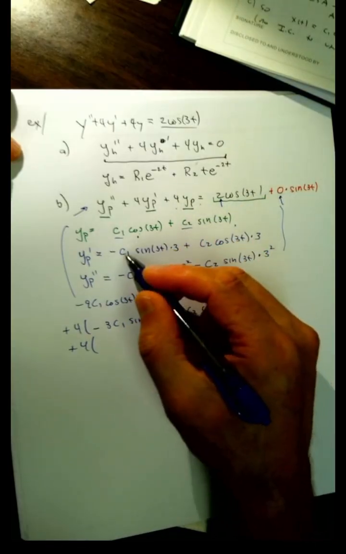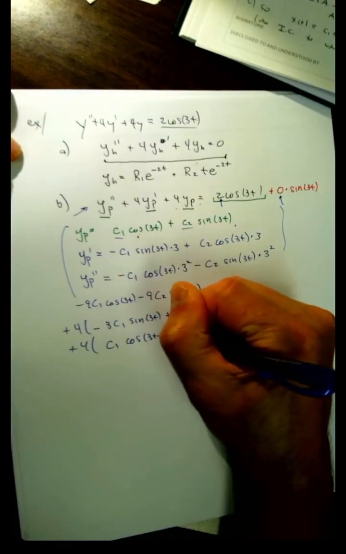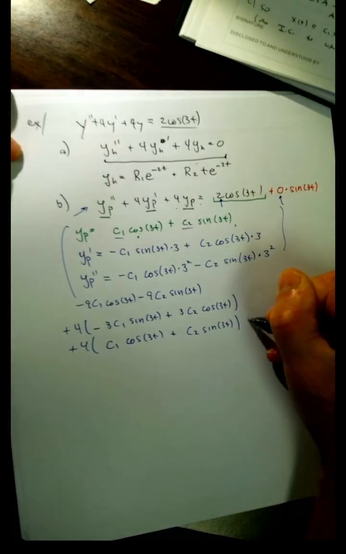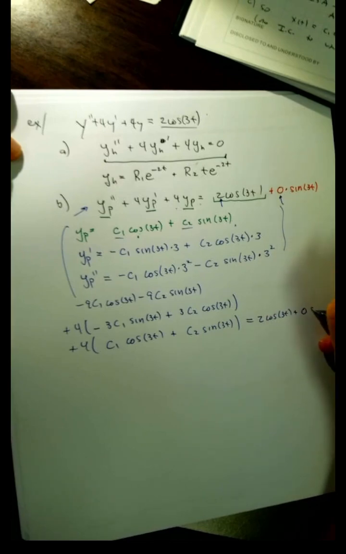So now using this line, I get c1 cosine 3t plus c2 sine of 3t. That has to all add up to 2 cosine 3t plus 0 sine 3t.